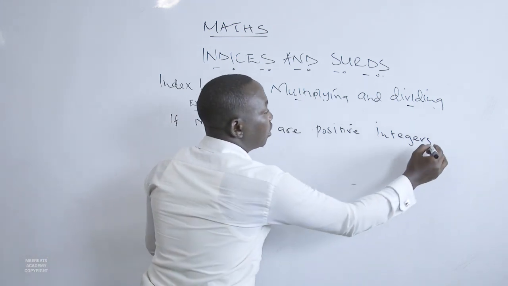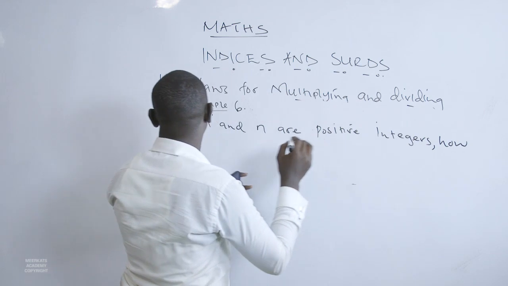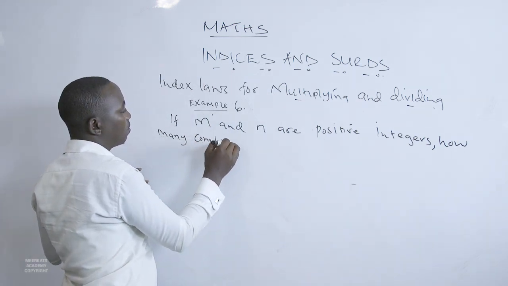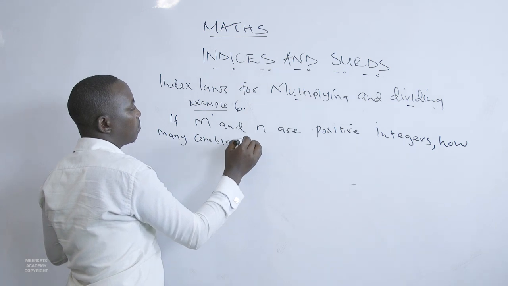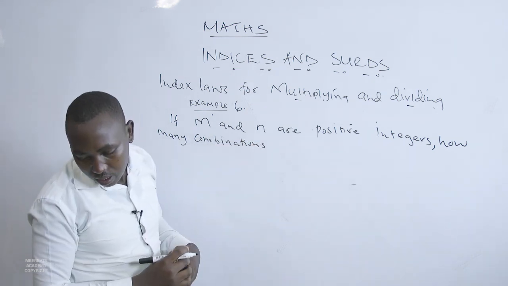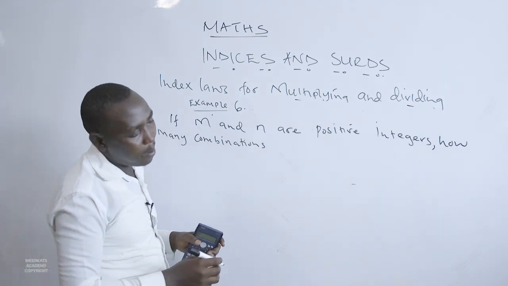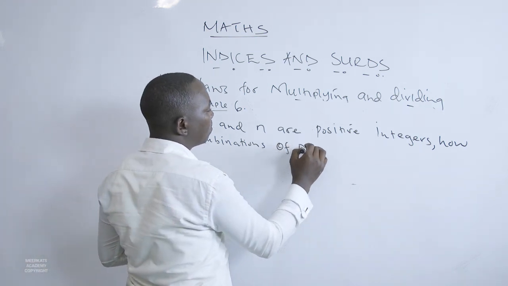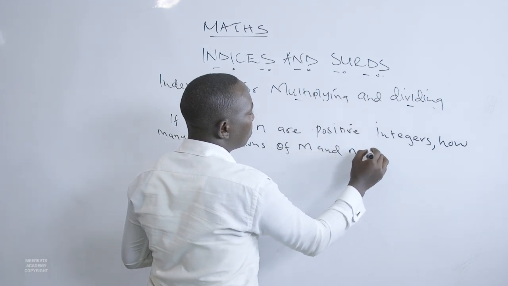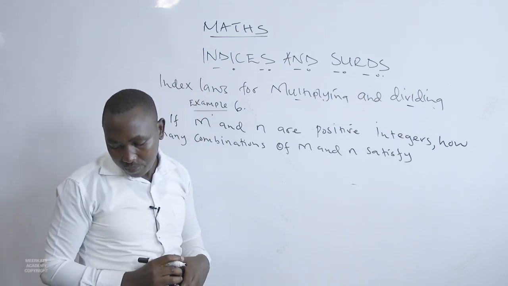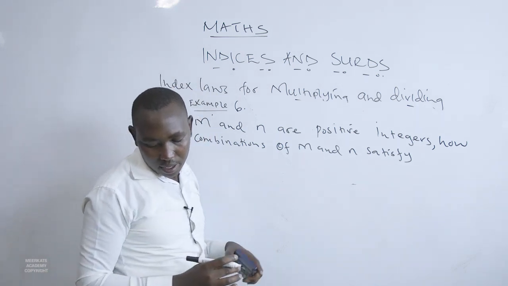How many combinations of M and N satisfy the following?